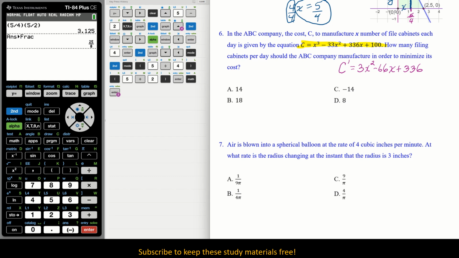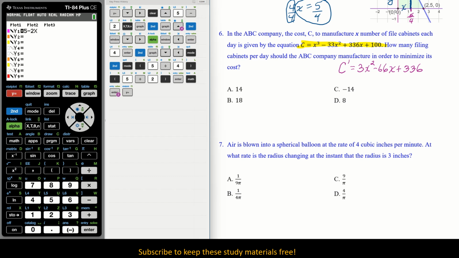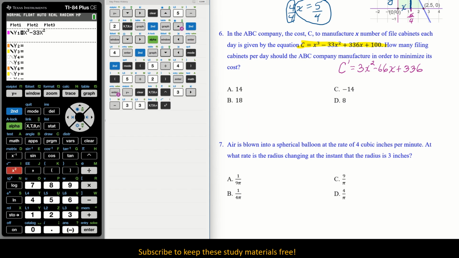Let's put both of those in our calculator. Let's go to our y equals and clear it all out. Let's put our C equation in for y1, and y2 will be our first derivative, our C prime. So we have x carried up 3, arrow over, minus 33x squared, plus 336x plus the 100.